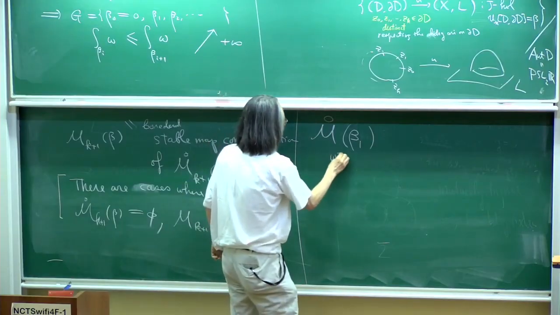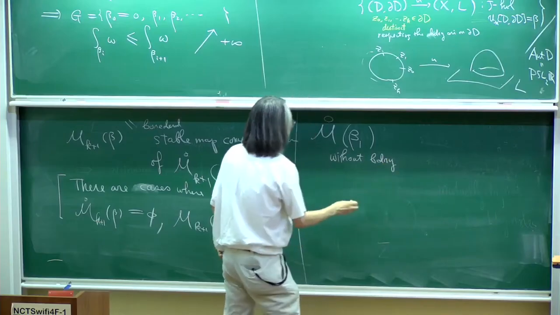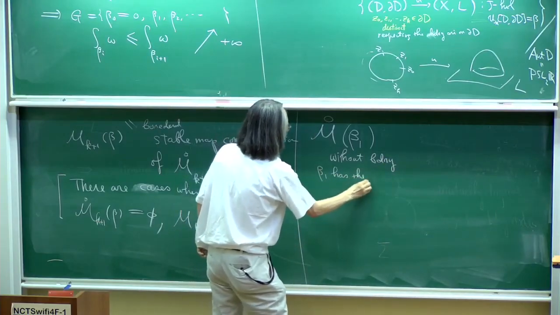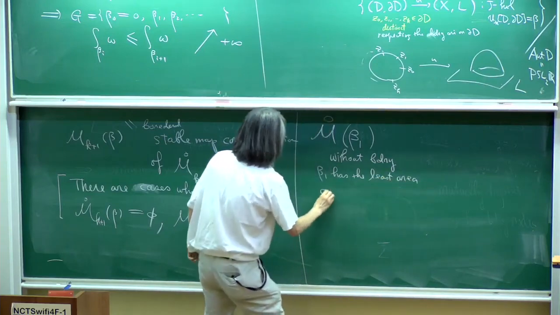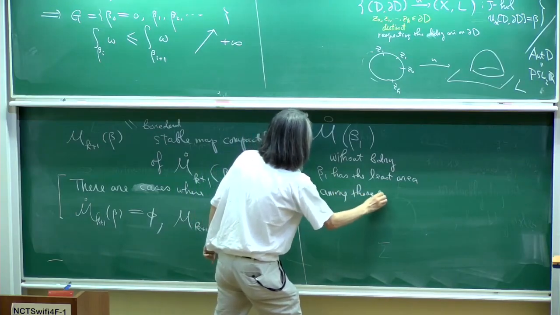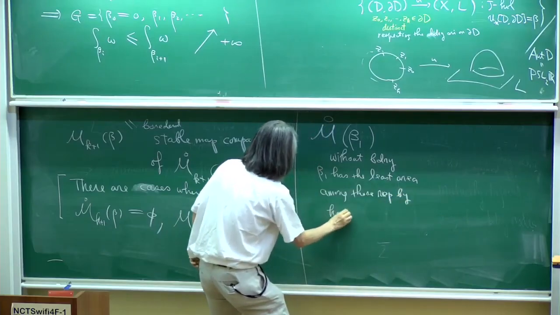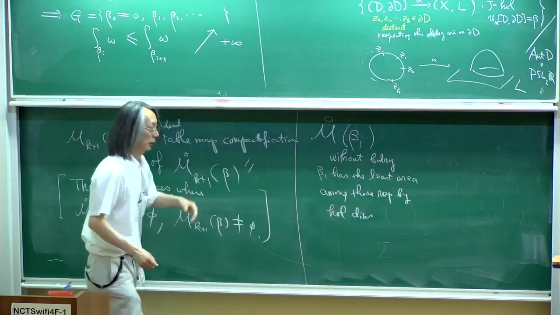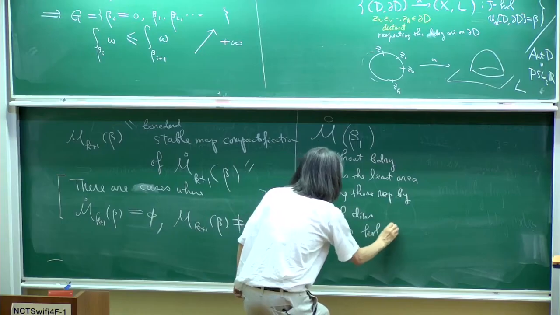So without boundary, because β_1 has the least area among those represented by holomorphic disks. So therefore, no bubbling happens. So therefore, no holomorphic disk bubbles.